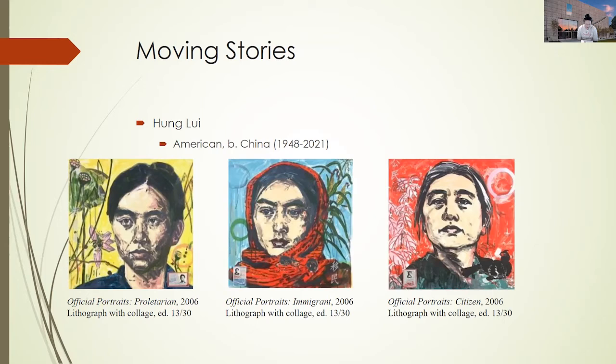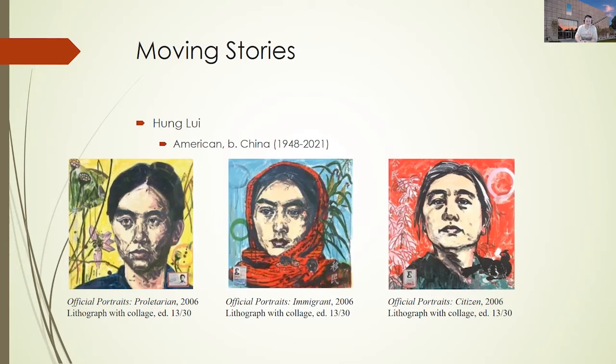And she was actually able to study art while she was there, but she also did intense labor. It doesn't say what she did, but she has experience in that.